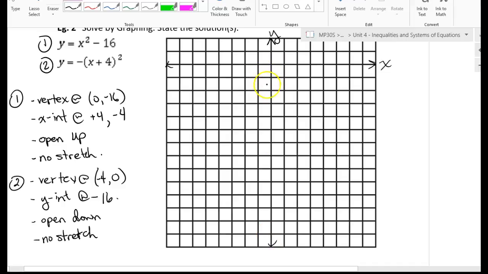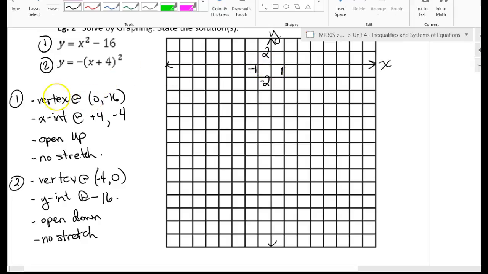Okay, and even then, I'm not going to get to 16 just by counting by 1, so I'm going to have to go down by 2 and up by 2. I'm still going to leave it by 1 in each direction on my x-axis, though. That is totally allowed. You are allowed to have different scales going left and right. The key is just to remember that you have, in fact, done that.